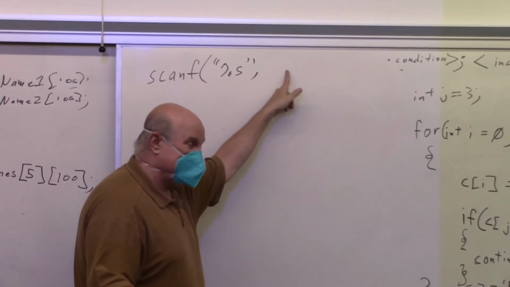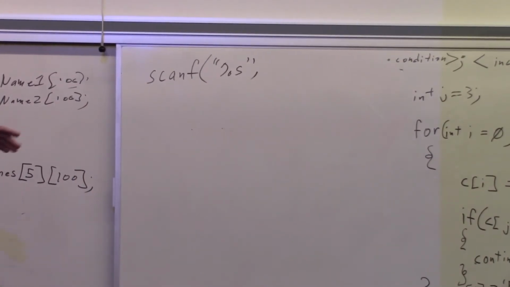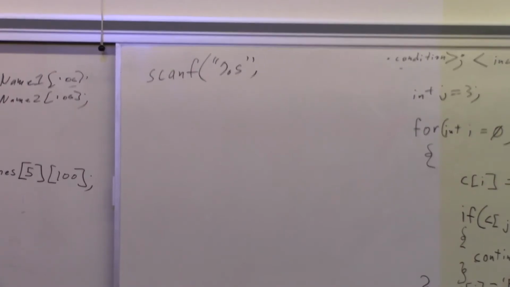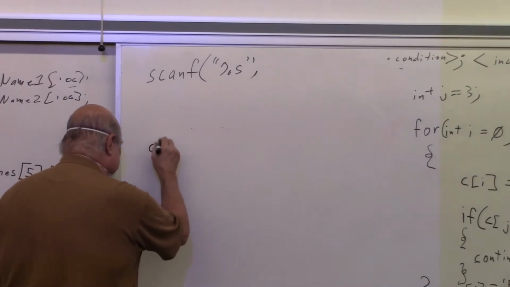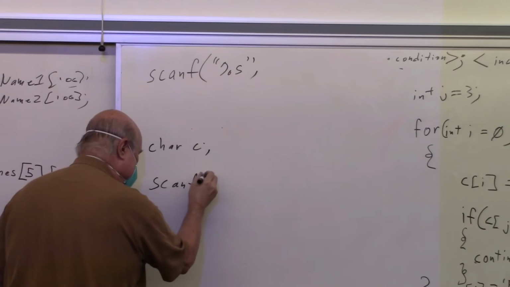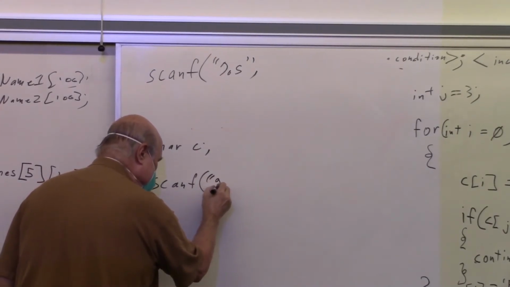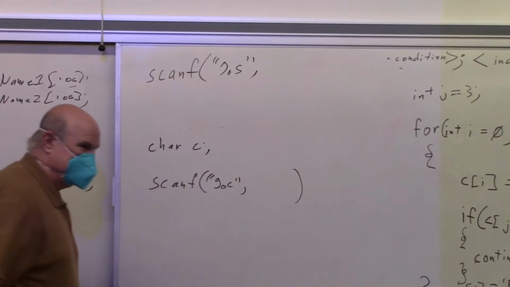Next. What's this parameter for scanf? Sorry, what type of parameter does it need to be? A string? No. What type does it have to be? When you were doing this, and you said char C, and then you said scanf, what did you have to put here?